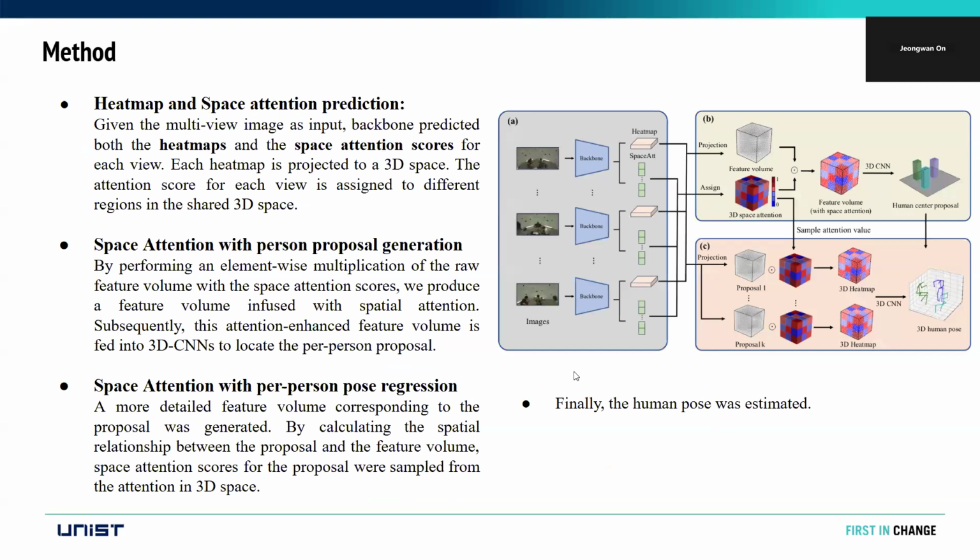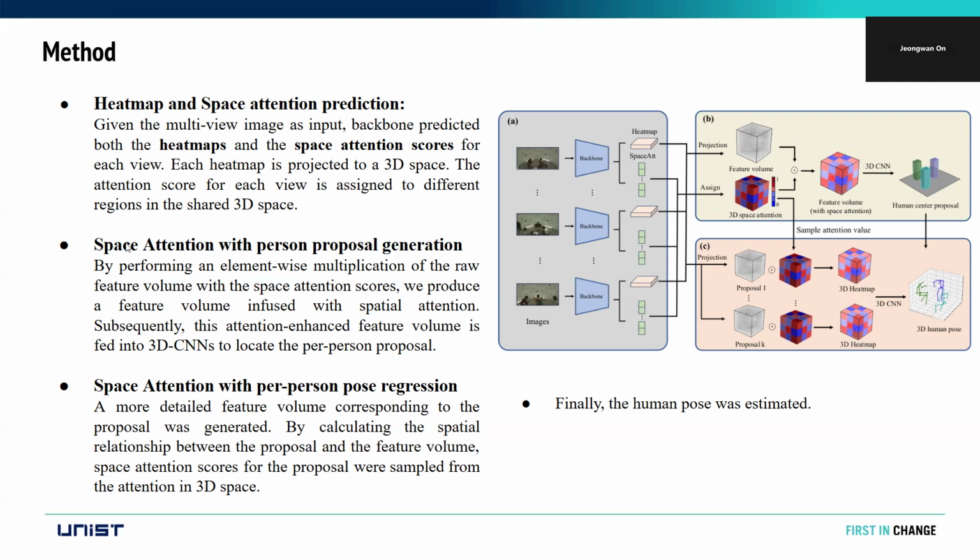This is the overall outline of the proposed method. They have three components. The first one is the heat map and space attention prediction. They take the multi-view RGB images as the input, and then through their backbone, they predict the heat map and space attention score. The heat map is projected into a 3D space, and the attention score of each view is assigned to different regions to assess the 3D space attention.